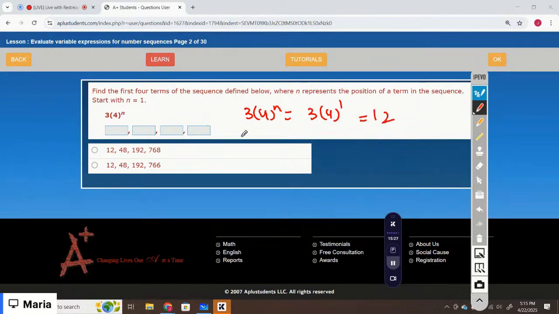Option number 1 is the correct option, that is 12. Then 3 times 4 squared, 16 times 3 is 48. Then 3 times 4 cubed, 4 times 4 is 16, 16 times 4 is 64, and 64 times 3 is 192.